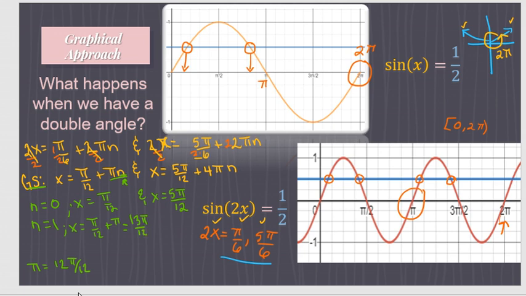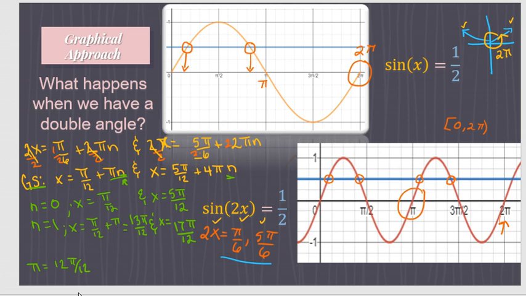On this one, x equals, now I'm going to be adding 12 pi over 12 again because n went to 1. 12 plus 5 is 17 pi over 12.